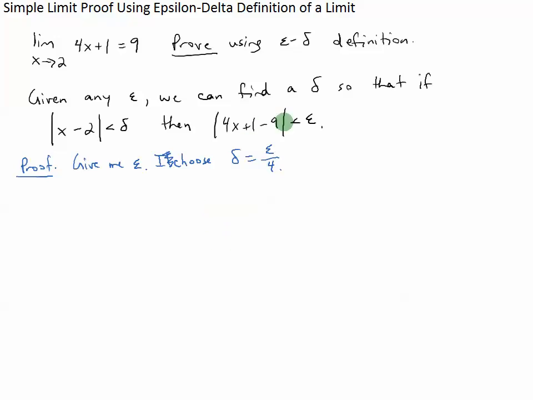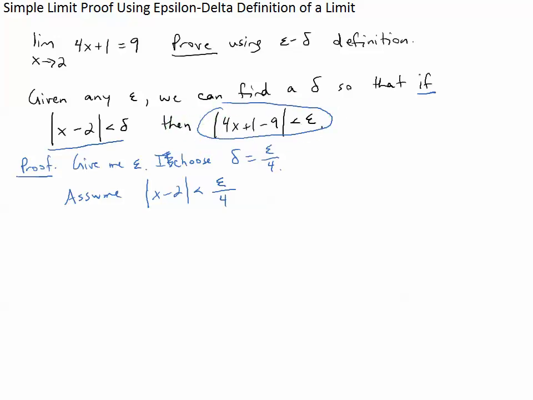Okay? So now this thing says if this inequality is true, I'm going to assume that's true because I'm allowed to. It says if this is true, so I'm going to assume that's true. Assume the absolute value of x minus 2 is less than delta. In other words, we already know delta is epsilon over 4, so in this case the absolute value of x minus 2 is less than epsilon over 4, which is our delta. Then I want to conclude this statement.